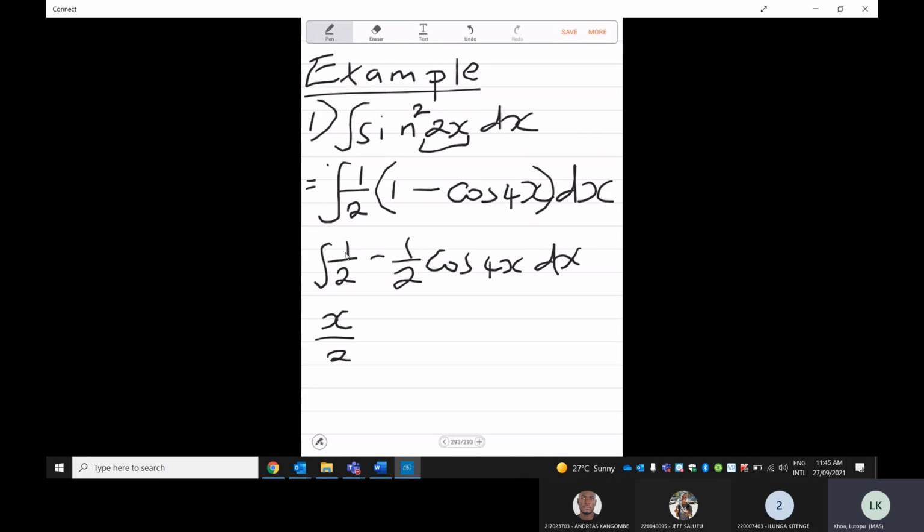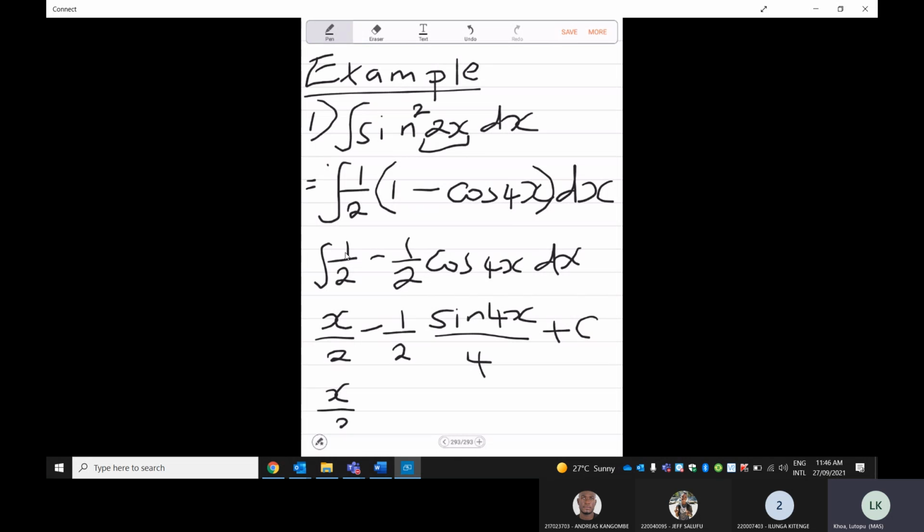And then I must integrate this one here. The negative will still be there, so it's negative half. What is the integral of cos 4x? Okay, so this is sine 4x divided by 4, and then you add a constant. Then you can multiply the half and the sine 4x over 4.